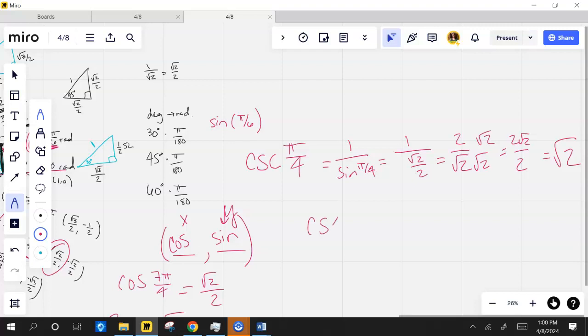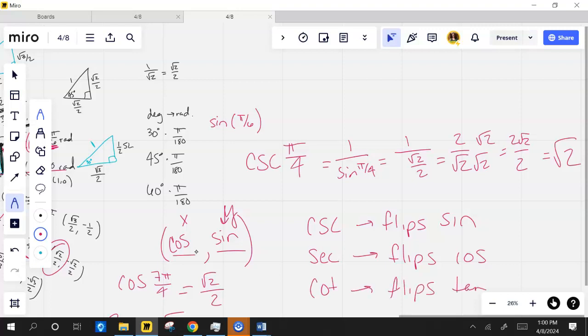Okay, so cosecant flips sine. Secant flips cosine. Cotangent, yes, cotangent flips tangent, but we need to talk about tangent real quick.